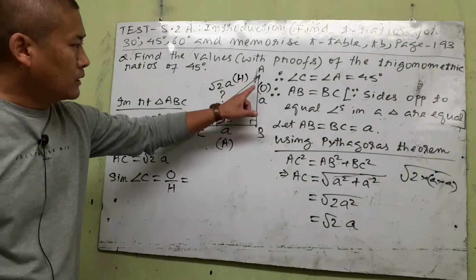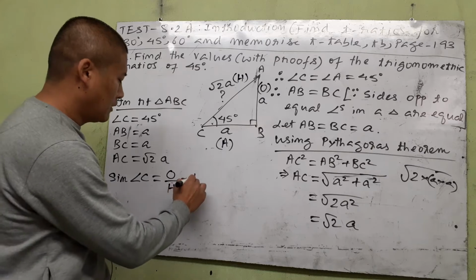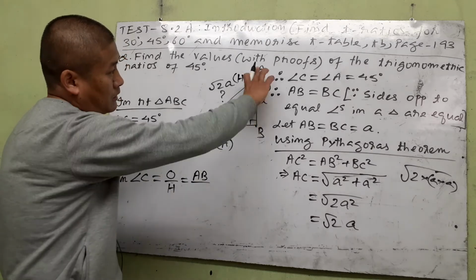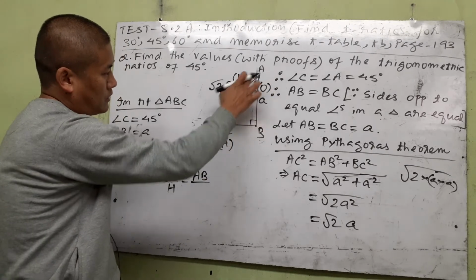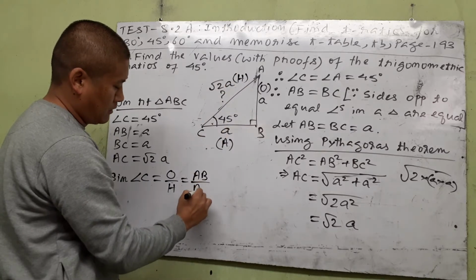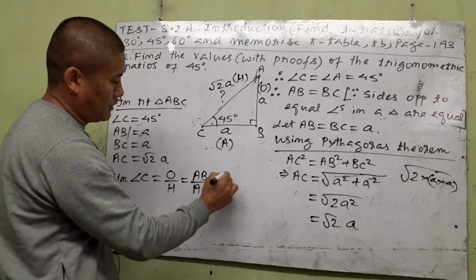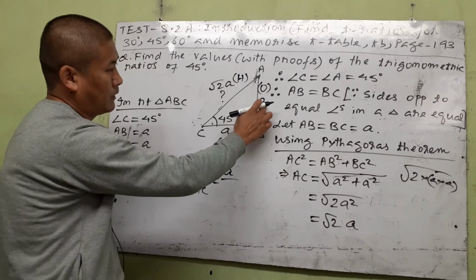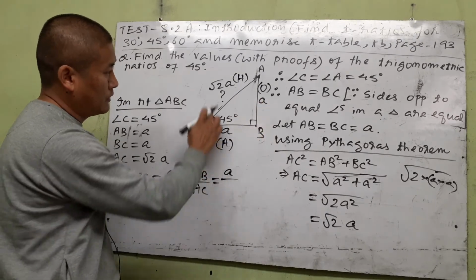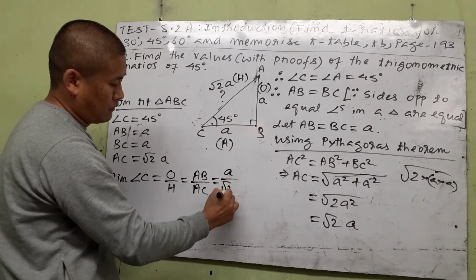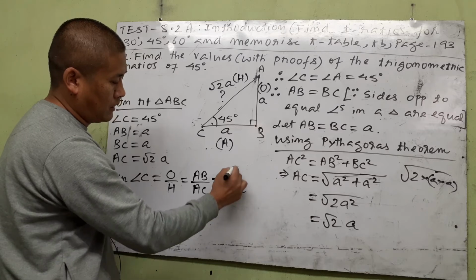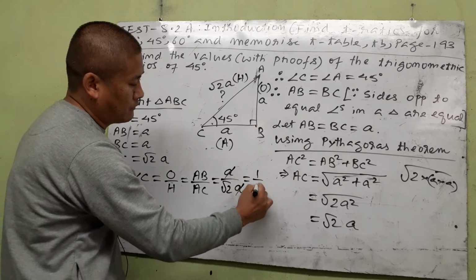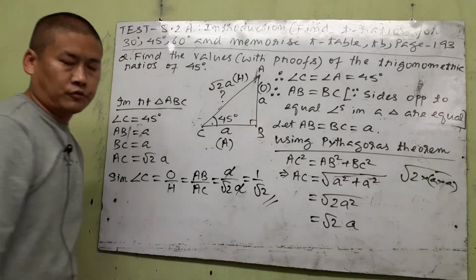So we know sine of any angle is opposite by hypotenuse. So opposite here is AB, by hypotenuse AC. AB is value A, and AC value here is root 2 into A. So this A and A cancel, means sine 45 degrees is 1 by root 2.